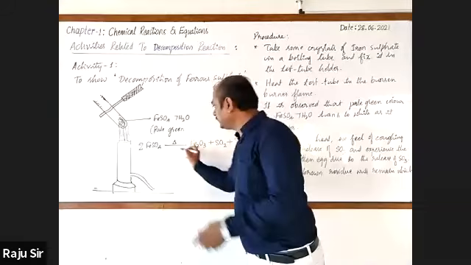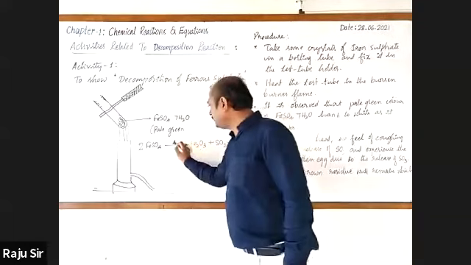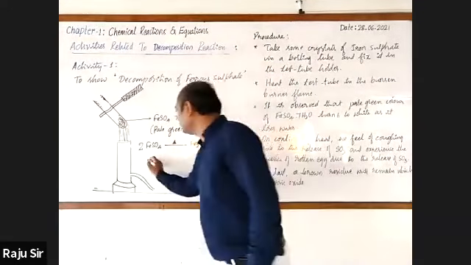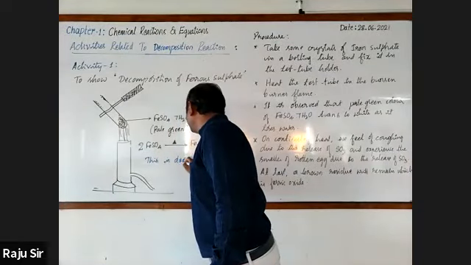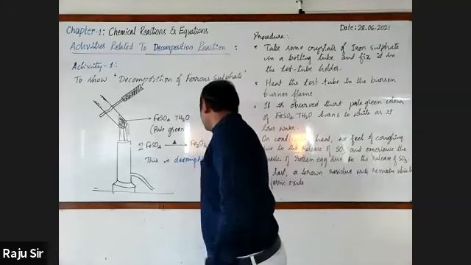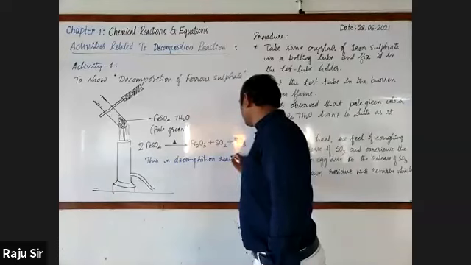So the heat is represented with a symbol called delta. This is delta. This is decomposition reaction.